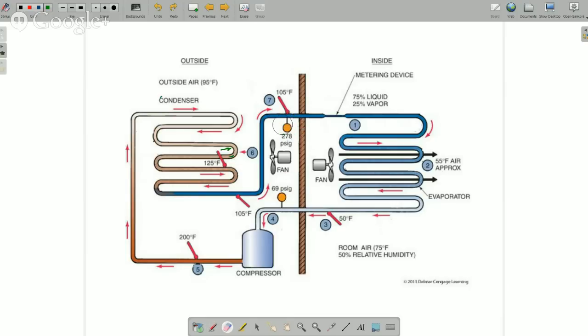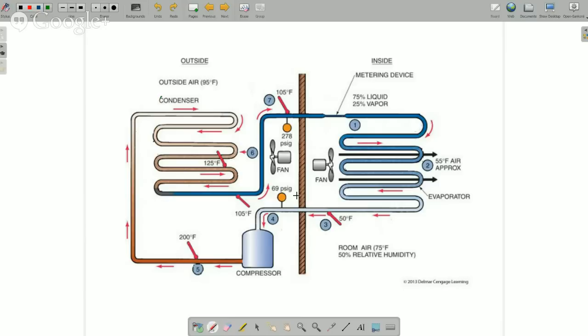And the way that we get our subcooling is we take the 125 degrees Fahrenheit that we read on our gauge, and then we take the 105 degrees Fahrenheit that we are reading from our thermometer at the liquid line, and we subtract the physical temperature of the refrigerant line from the saturation temperature. In this example, we have 20 degrees of subcooling on the system. And that is a properly charged system. In this example, manufacturers are different, and this ensures we have a solid column of liquid hitting the metering device, and this is operating properly and everything is good to go.